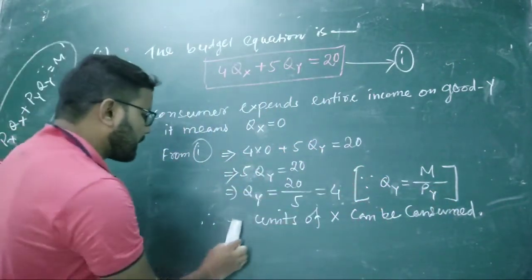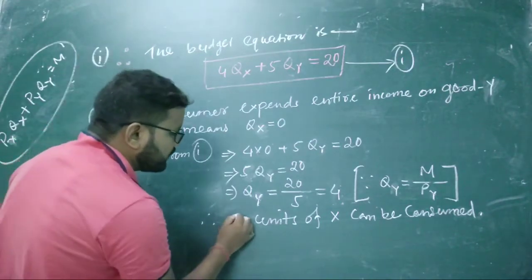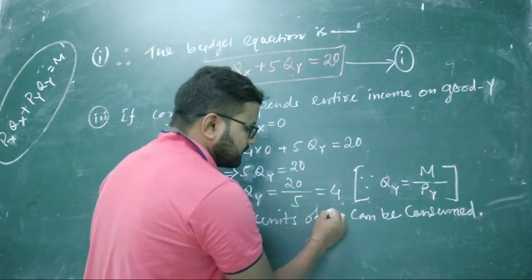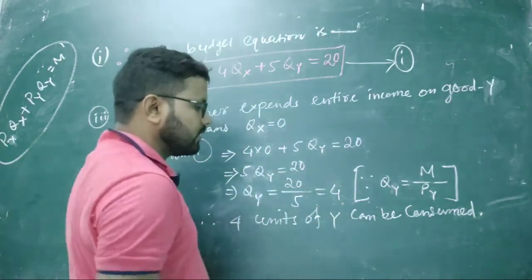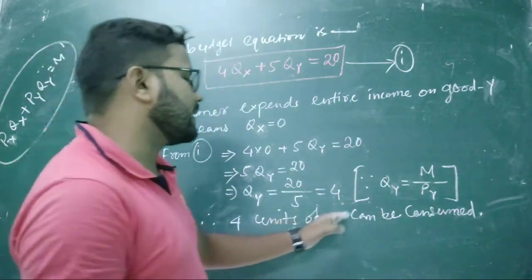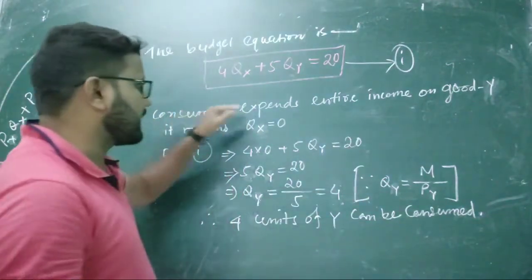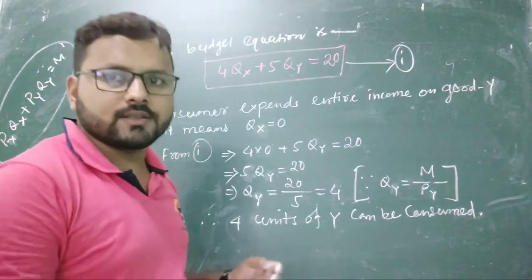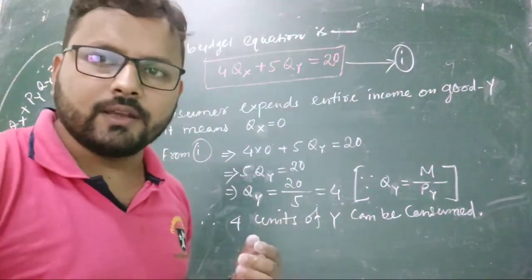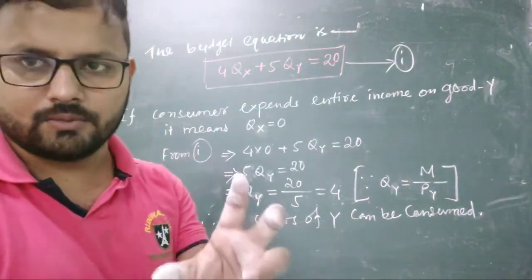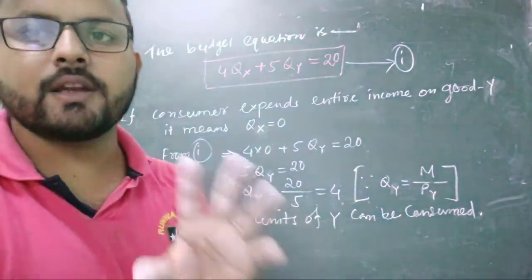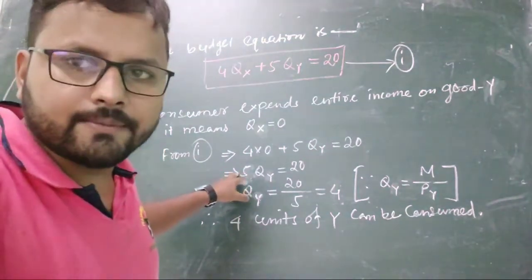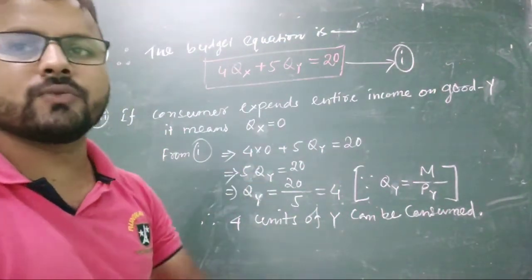Therefore 4 units of Y can be consumed if the consumer expends entire income on good Y, because in the consumer's hands there are 20 rupees. With price 5 he can consume 4 units because 5 into 4 equal to 20.